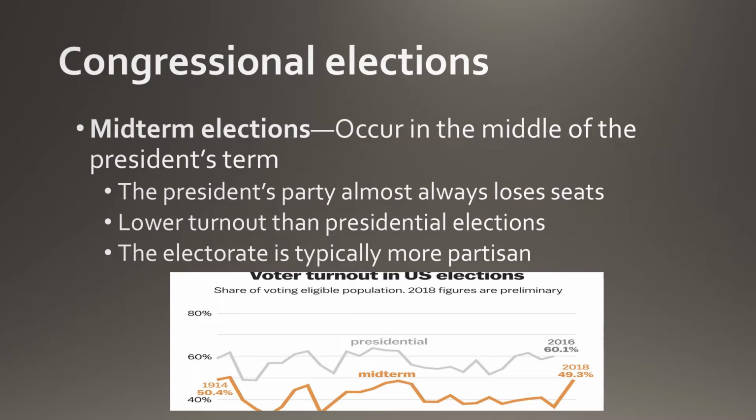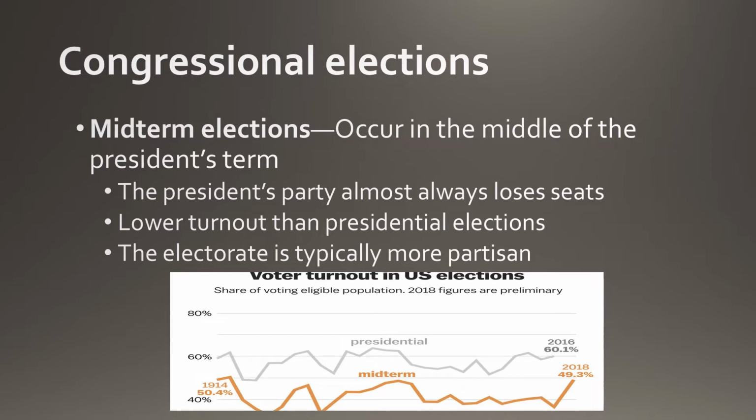Three things about midterm elections: the president's party almost always loses seats. That is by far the trend. There are a couple of small exceptions, and there is usually something that could explain that. Lower turnout than presidential elections, you can see in the graph below, although it was much higher than normal in 2018.